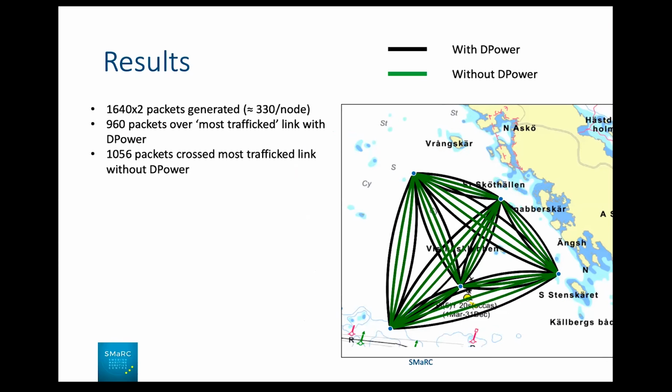Here are some results of the traffic in the network. In total, about 1,600 packets were transmitted with DPower and without DPower. So in total, more than 3,000 packets.